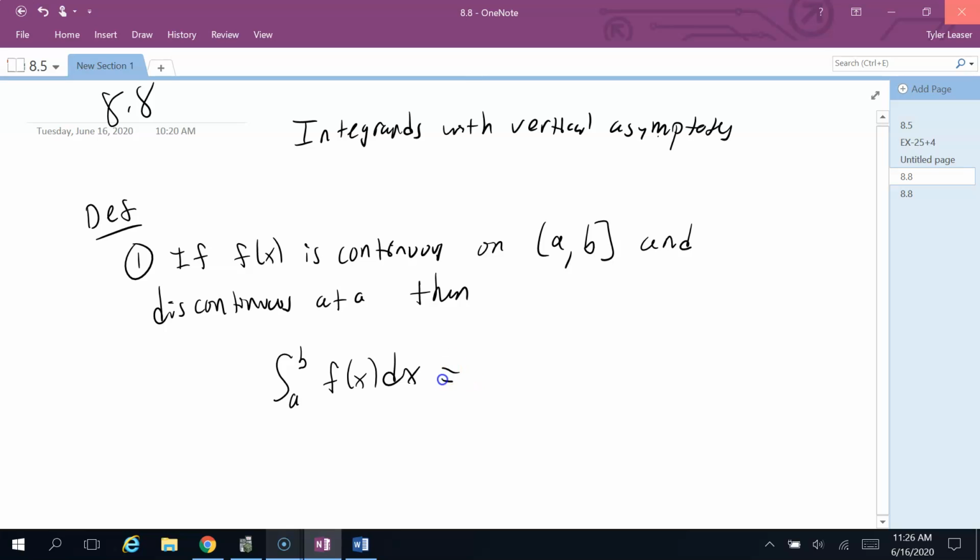It turns out that you can still do this by again doing a limit. So we're going to take the limit as c approaches a from the right of the integral c to b f of x dx.